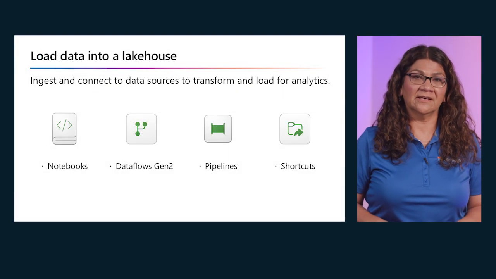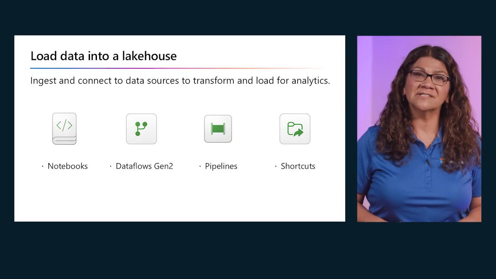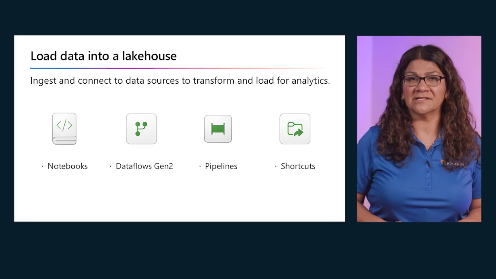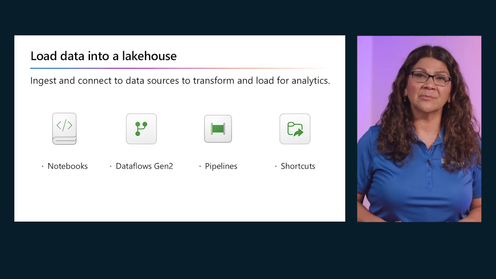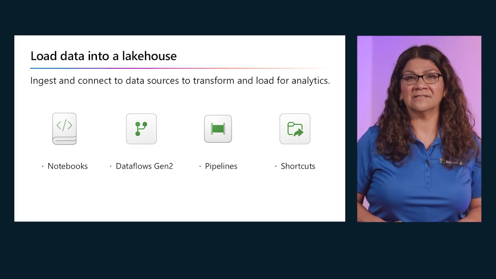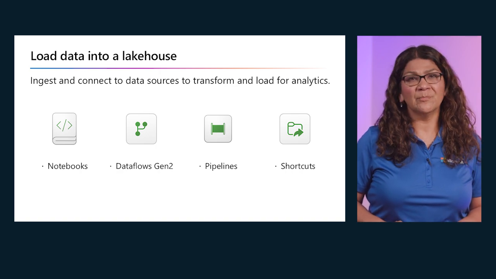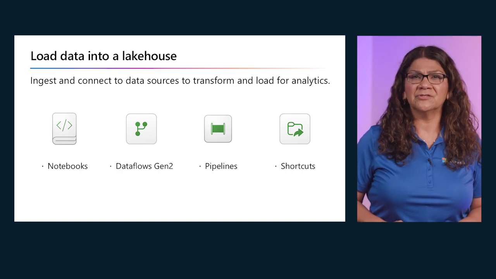Loading or ingesting data into the Lakehouse is the first step in your extraction, transformation, and load, or ETL, process. You can use any of the following methods to bring data into the Lakehouse. Upload local files or import and transform data using Power Query Online or Dataflow Gen 2.